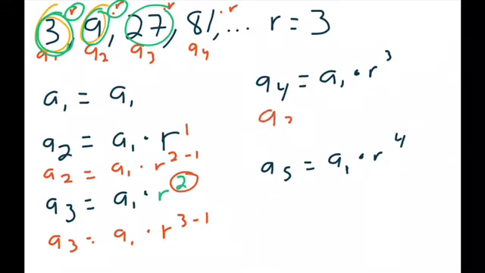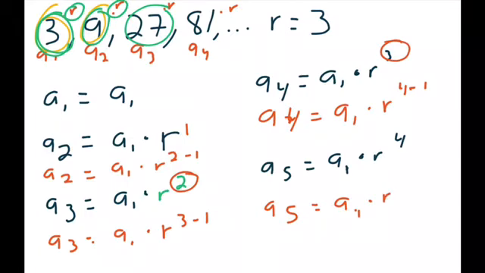A sub 4 equals A sub 1 times r to the 4 minus 1, which gives me my 3 right there. And A sub 5 equals A sub 1 times r to the 5 minus 1, which gives me my 4. So whatever number n is, I subtract 1 from it and plug it into that form. So let's look at how the general form comes about now.